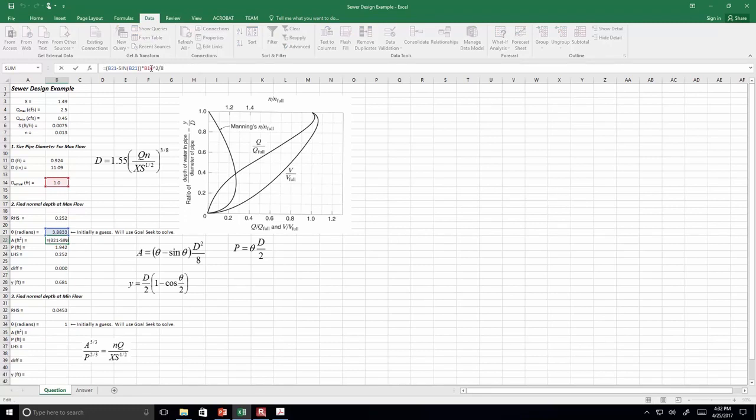Let me anchor the reference to D14, and then I think I'll be able to. What about the wetted perimeter? So I'll just copy and paste that.